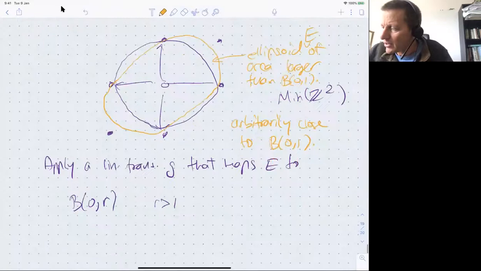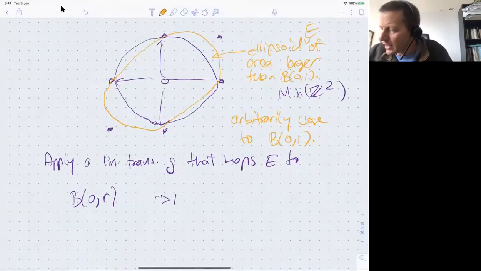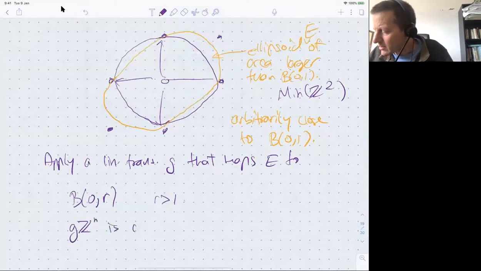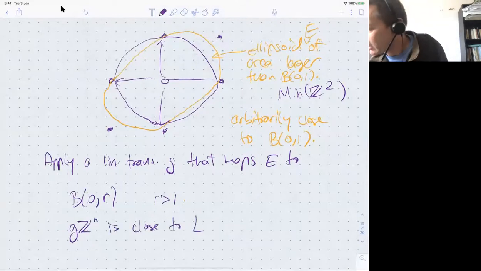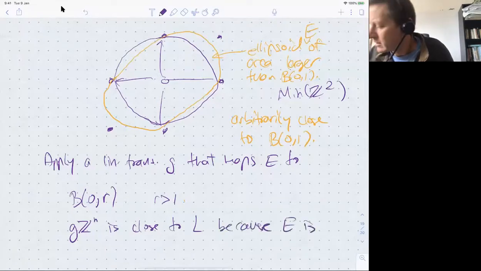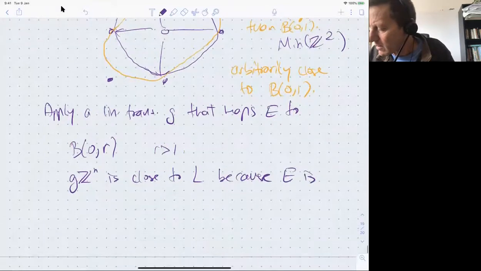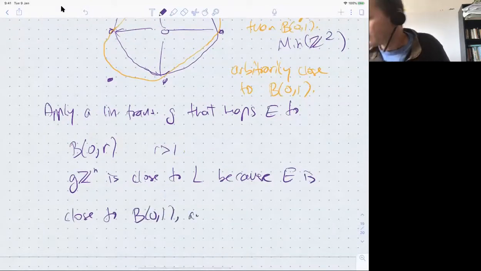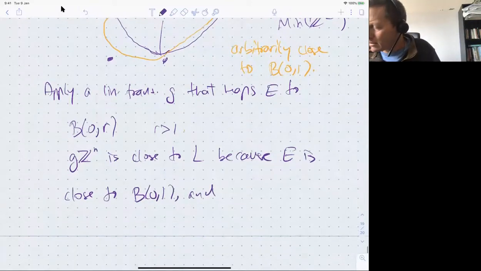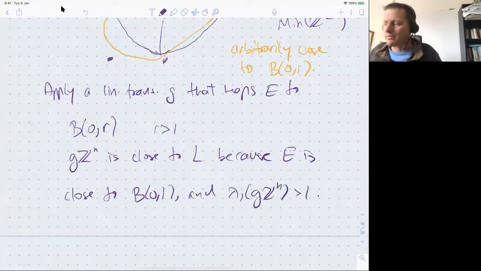Then what we're going to have is that GZN is close to L because E is close to the ball, and the lambda 1 of GZN is larger than 1.